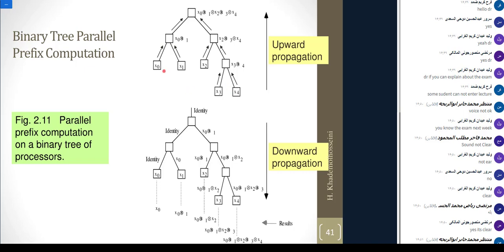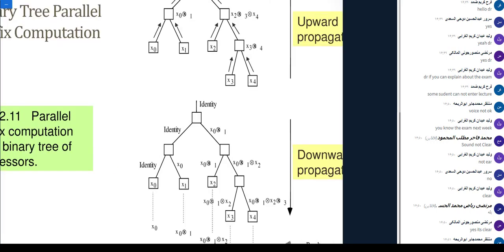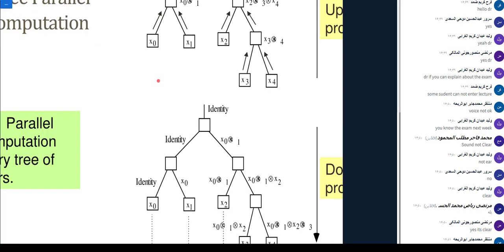So at the first step, x0 and x1 are combined based on, for example, this operation. What is this operation? A general operation.